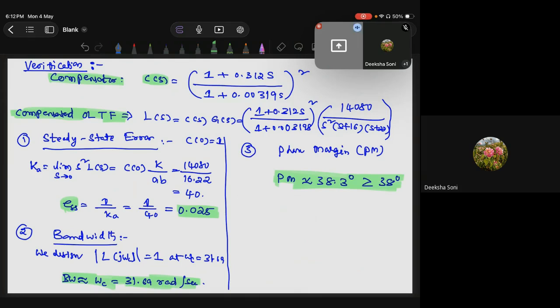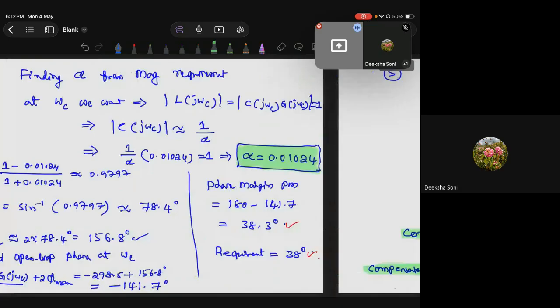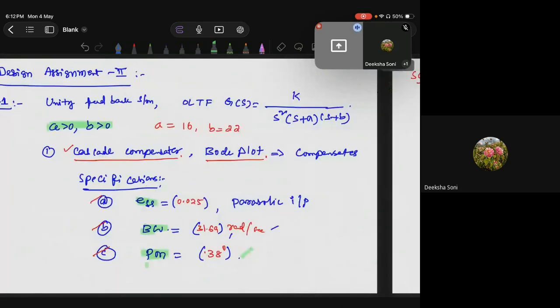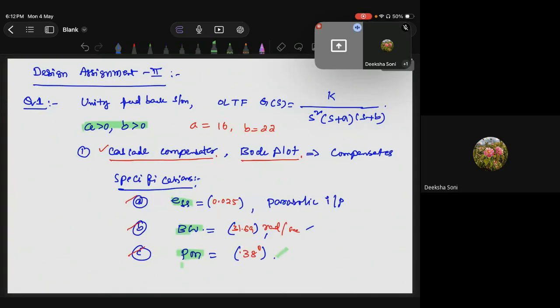So let me go through roughly once again the steps. Then you can ask me if you are having any doubt. Okay, so basically the assignment says that the open loop transfer function g of s is given, and A, B values are different for different students.